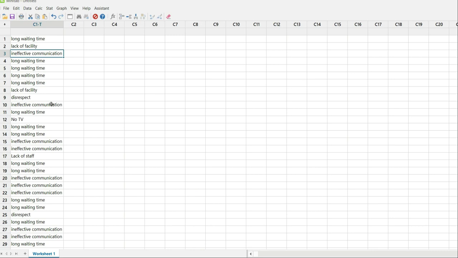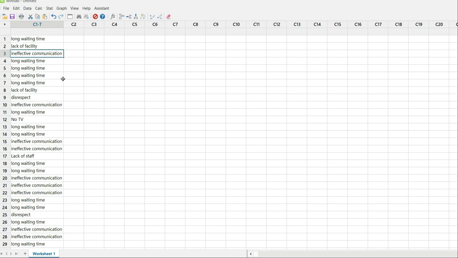Because if I know the most frequent problem, then I can prepare an action plan to resolve this problem. Then I can improve patient satisfaction. So this is my hypothesis.